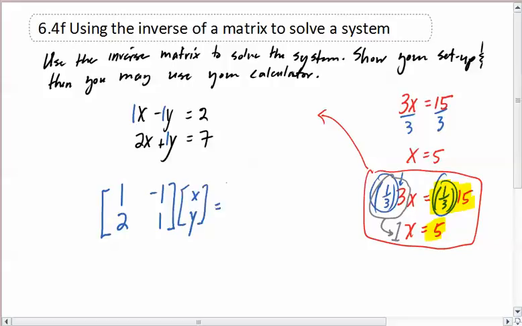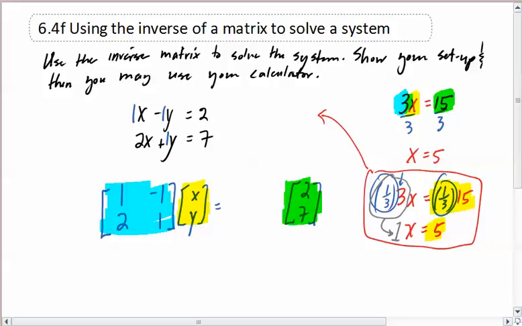Now I'm going to leave a space, and I'm going to put my constant matrix. It's just like this over here, right? I've just written my coefficient matrix, my variable matrix, and my constant matrix. So there's the color coding, okay? So let's keep connecting it to what we already know.